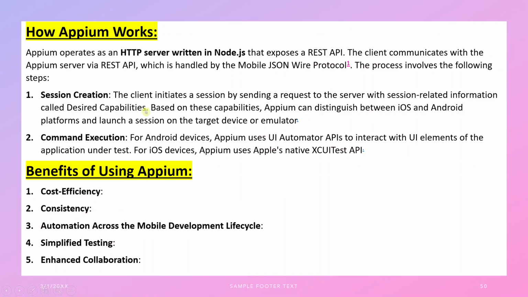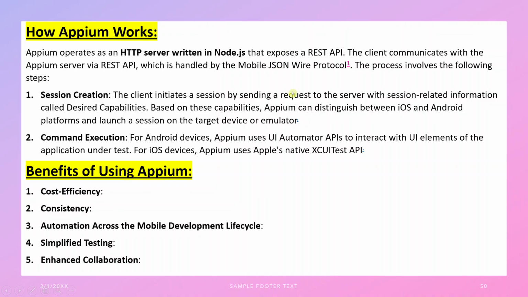In brief, I will explain what exactly the APM architecture is. We send the request from the client to the server as a JSON wire protocol. The server decides which driver to use.